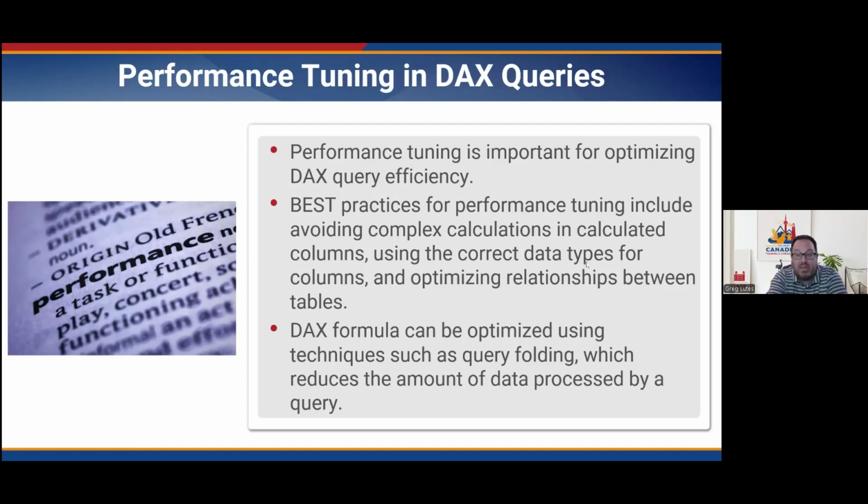That's not a good idea. You can use correct data types and improve the performance, but also it opens you up to a whole other set of DAX calculations because you chose the right data type. And DAX formulas can be used to optimize query folding, which reduces the amount of data processing that is done by a query.